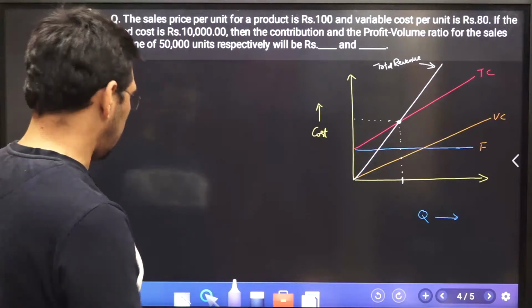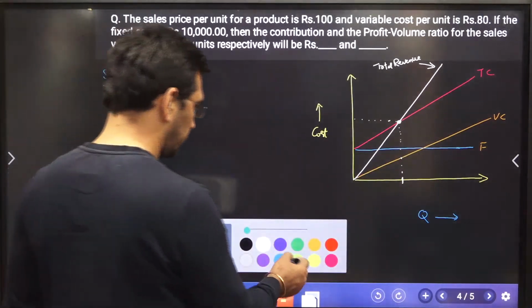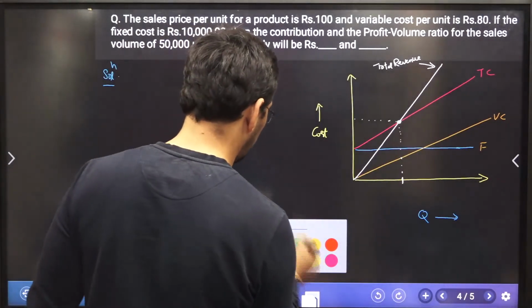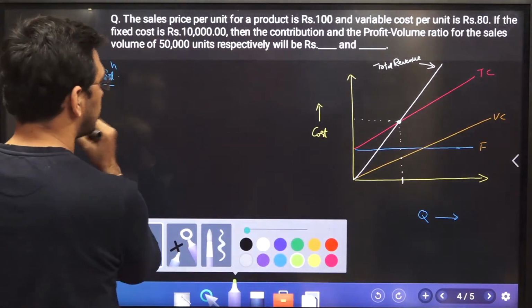Now, he is asking us to calculate the contribution. The term contribution should be clear to you.